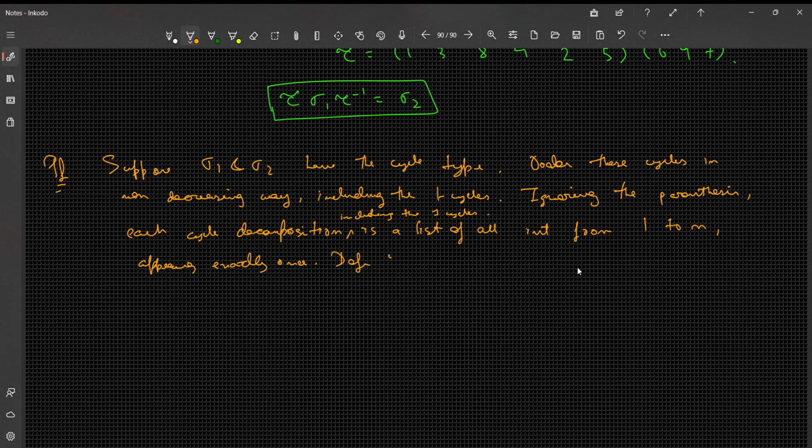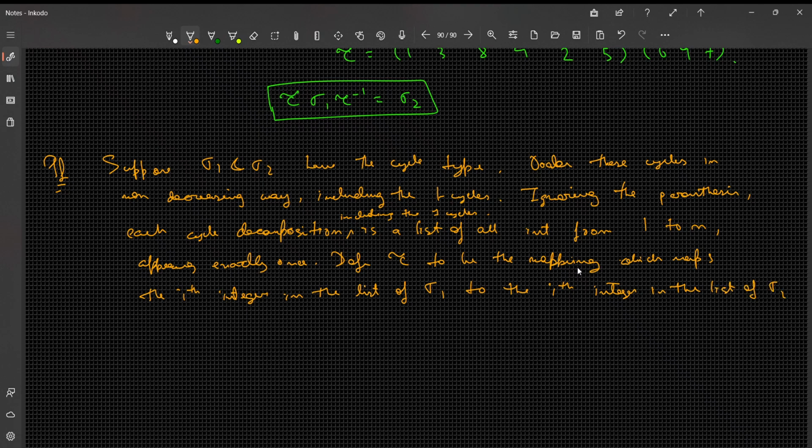So what we do is we define tau to be the mapping which maps the ith integer in the list of sigma 1 to the ith integer in the list of sigma 2.